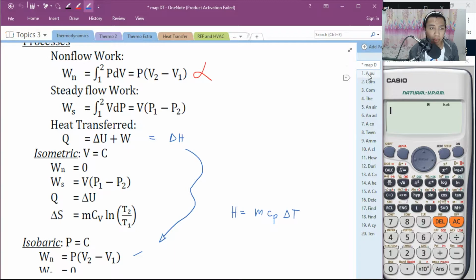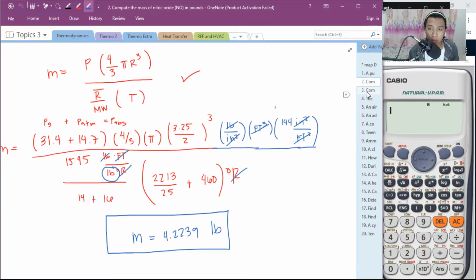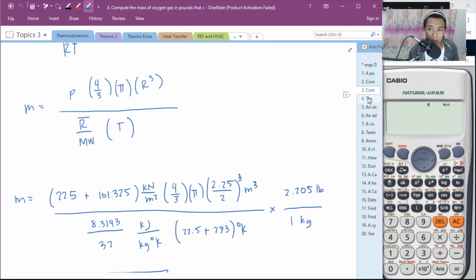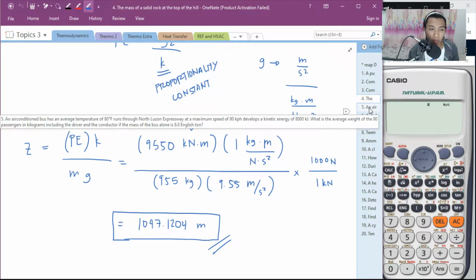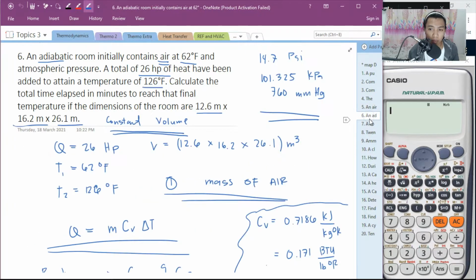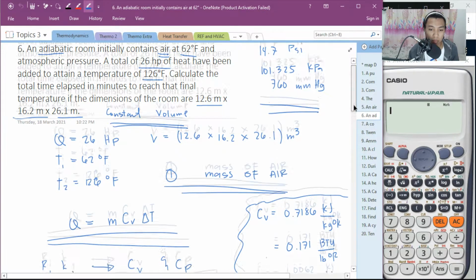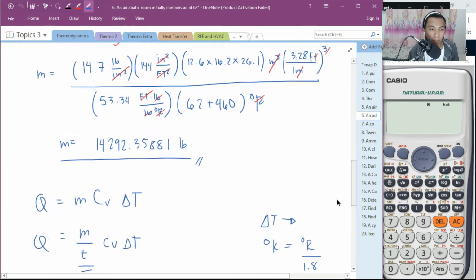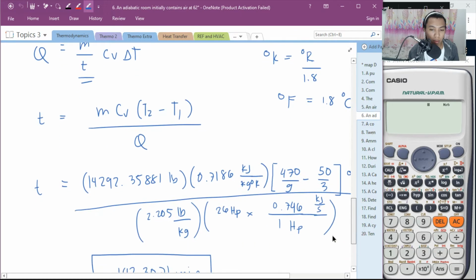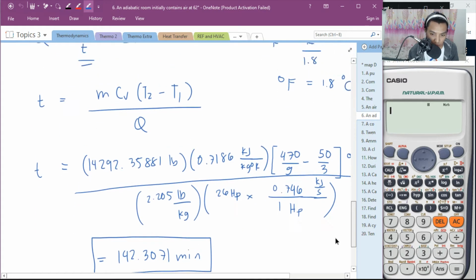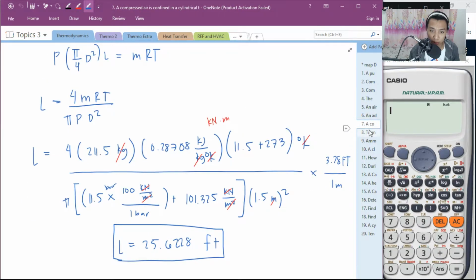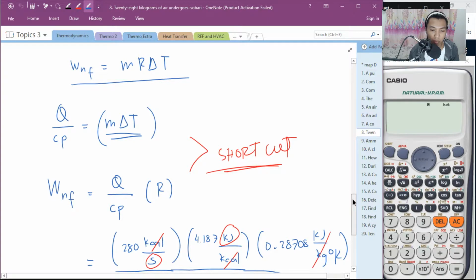Hanapin ko yung conversion. Ayan, 4.187 kilojoule per kcal.